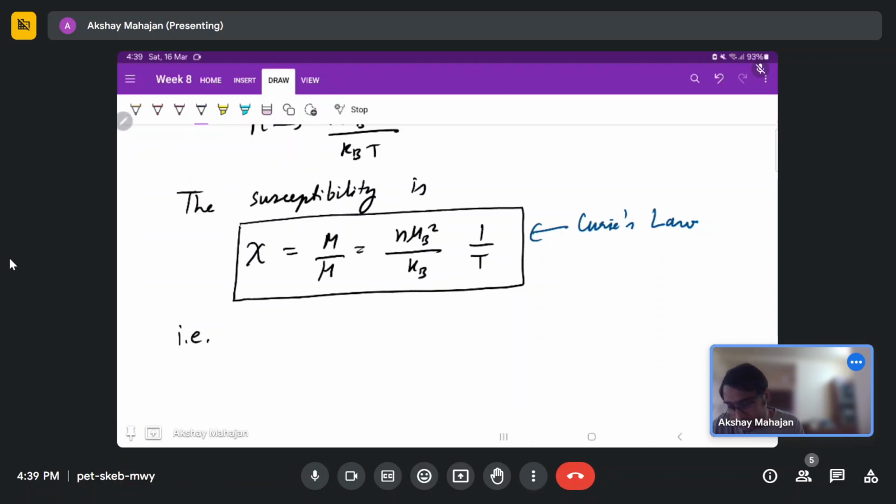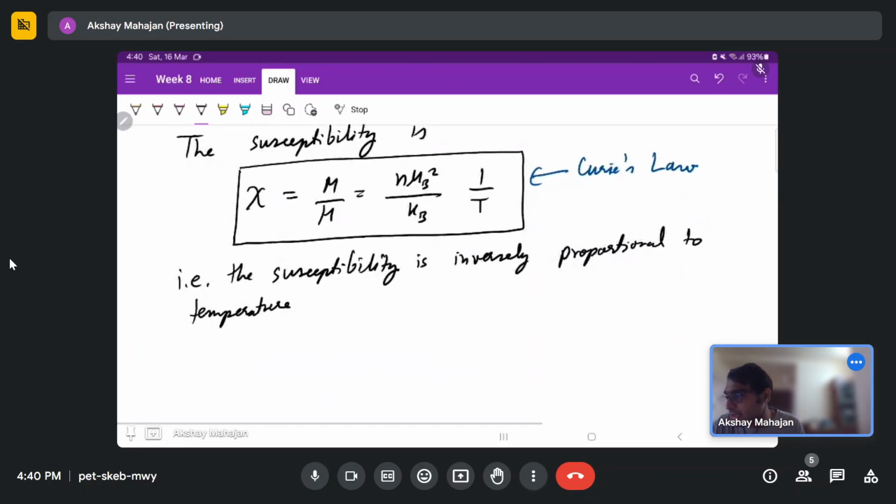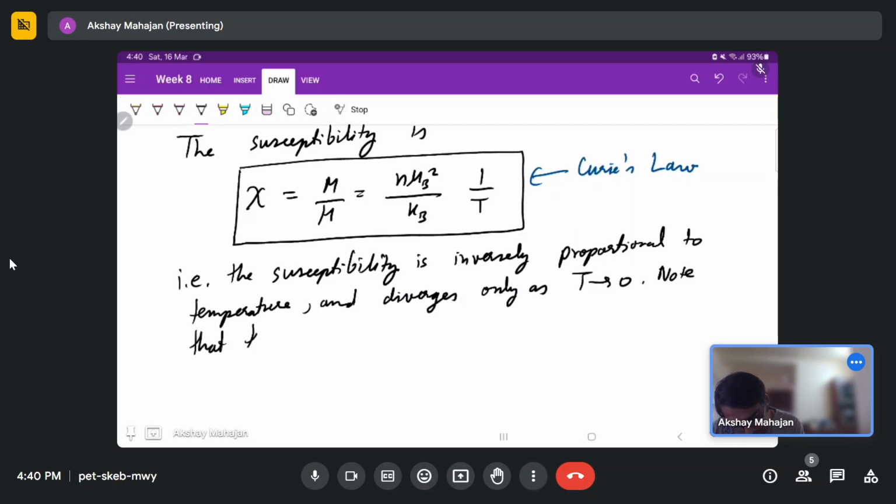That is, the susceptibility is inversely proportional to temperature and diverges only as T tends towards 0. Note that this is Curie's law.